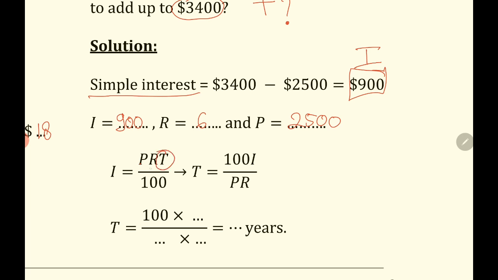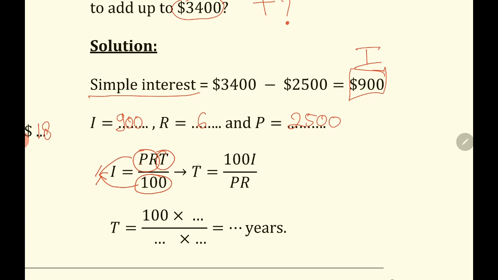So we move everything on the right side to the left, but not T. So T must be alone. So 100 moves there. P and R, P times R move there. So P times R become division. 100 here, because on the right side it divides, so when it moves to the left it becomes multiplication.